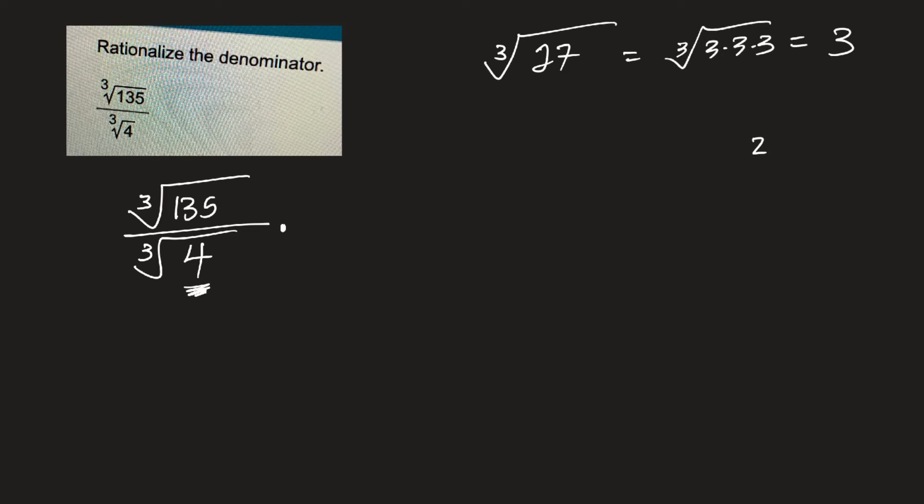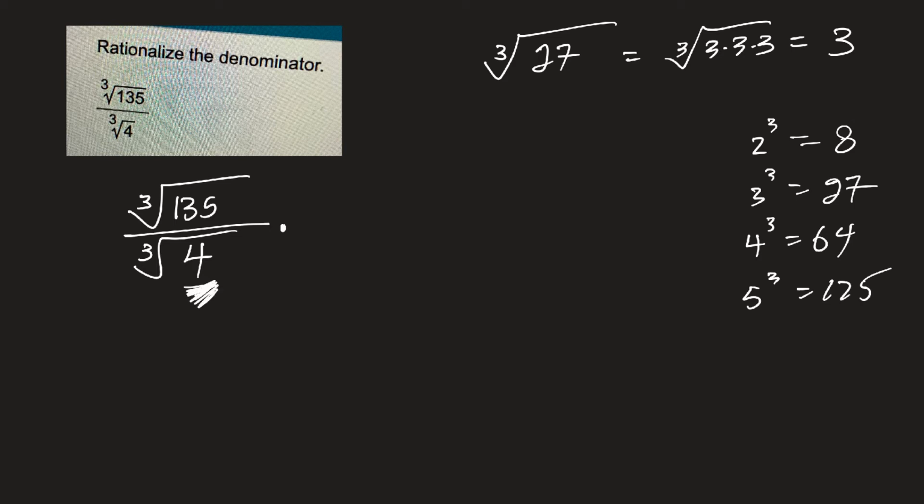If I have 2 cubed, that's 8. 3 cubed, 27. 4 cubed, 64. 5 cubed, 125. I want to take this number and multiply it by something so I get one of those numbers over there. And I always want to pick the smallest one. So it looks like I'm going to go with 8.